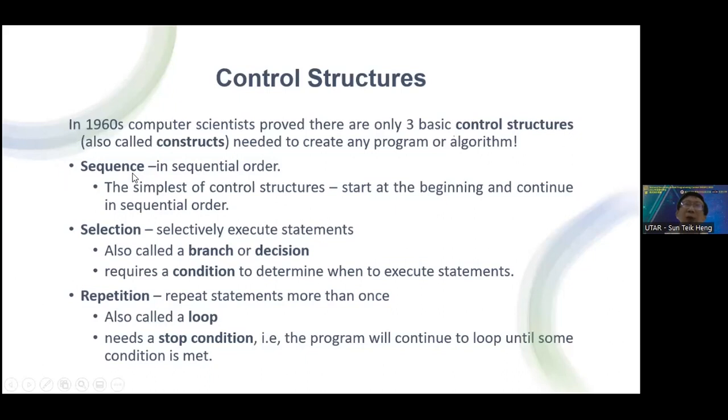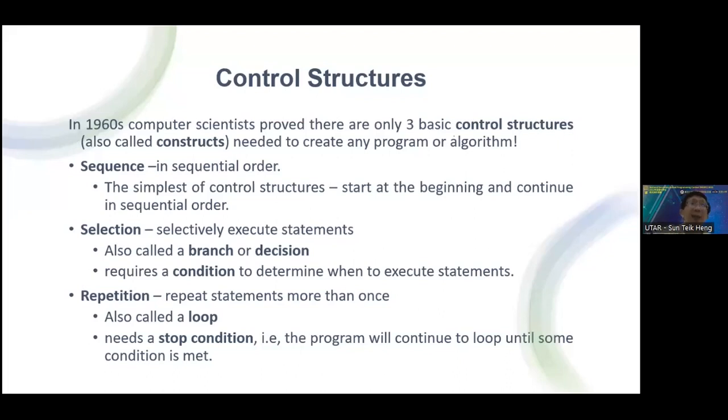In fact, just now you have already experienced all these three things in the earlier slides. Remember frying the egg, the algorithm to fry an egg? I mentioned step 1, heat up the pan. Step 2, pour oil onto the pan. Step 3, heat the pan for 5 minutes. Now, I tell you step 1, step 2, step 3.